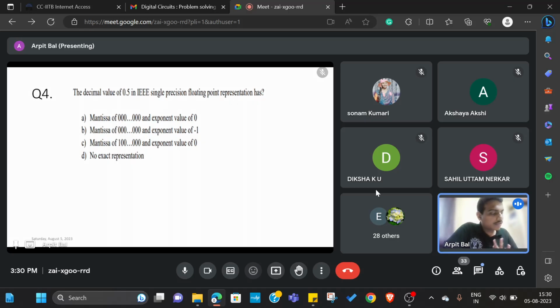The decimal value of 0.5 in IEEE single precision floating point representation. For this question, let's follow the same procedure that we did for the others. What we need to do is convert 0.5 into binary. So 0.5 is basically 0.1 times 2 power 0.